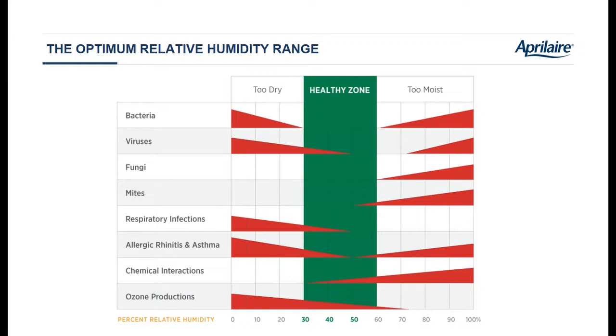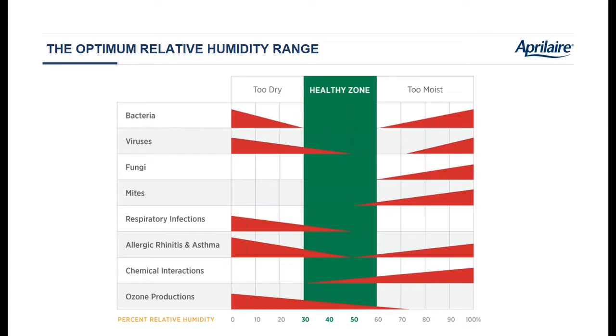We're creating a space, the ambient conditions, where those things aren't going to thrive. That's the goal. We're starving them of moisture, so they're not going to thrive. That's at, say, below 60%, so 55%.